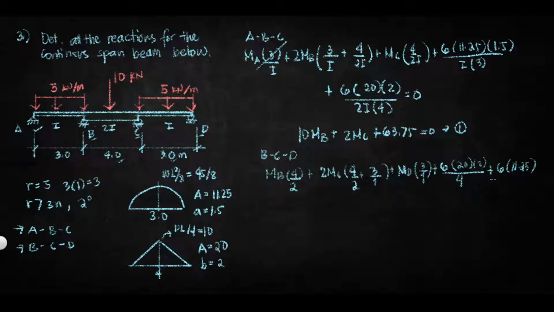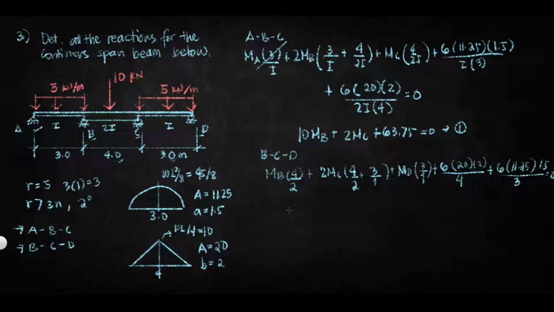Okay, so that is for 6A2B. So ang B natin is 1.5 over L2. Ang L2 natin dito is 3. That is equal to, of course, 0.